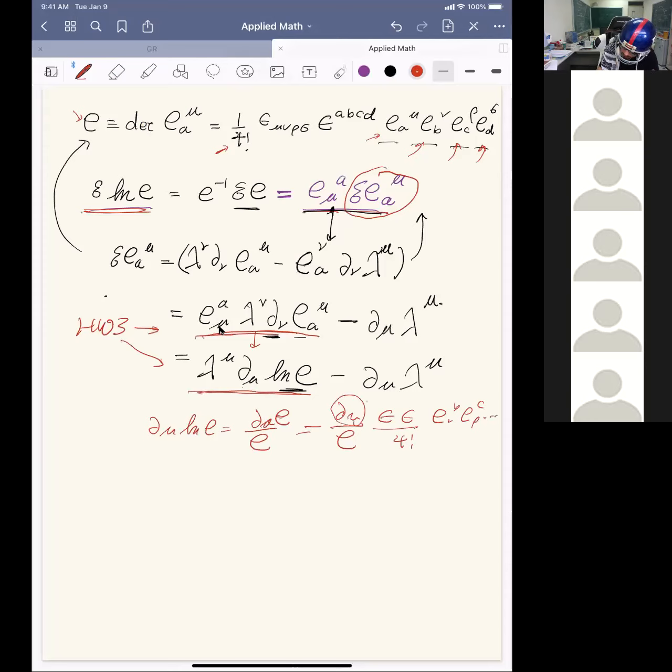The derivative is going to hit one of these, and it's going to turn this 4 factorial into 3 factorial, but then it's going to be partial mu E A nu, and the remaining thing is just going to be the inverse, and therefore you can directly convert it back into here. It's the derivative of E A mu multiplied by the inverse. But I want you to go through the details and work things through closely.